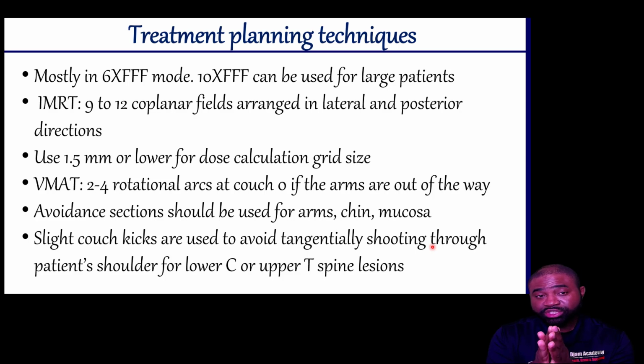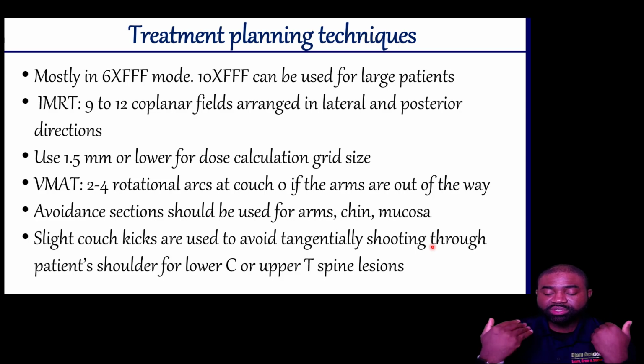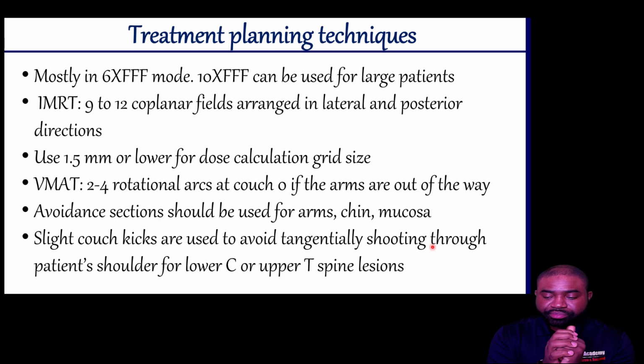We can either use techniques such as VMAT, IMRT, or dynamic conformal arcs. And so whether we use IMRT or VMAT really depends on the location of the tumor, the proximity of the surrounding organs at risk, as well as the geometry of the nearby structures.